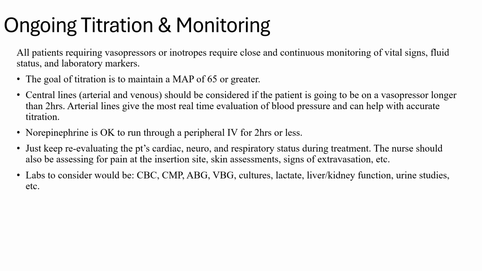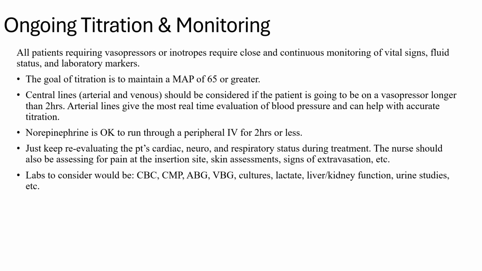Certainly, you can use an external blood pressure cuff, but if we're really going to be titrating these medications in such small amounts every titration, it is vital that we use an arterial line to give us those really accurate blood pressure readings. And to be honest, if our patient's on a vasopressor, they're probably critical and we should be considering a central line for them anyways.